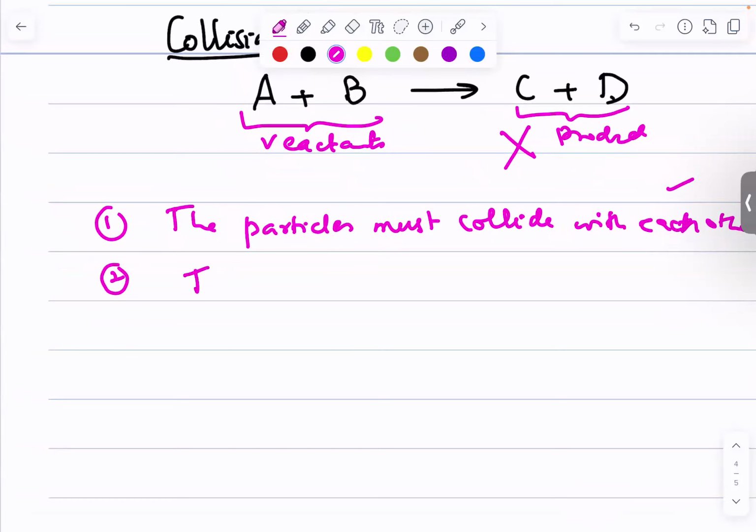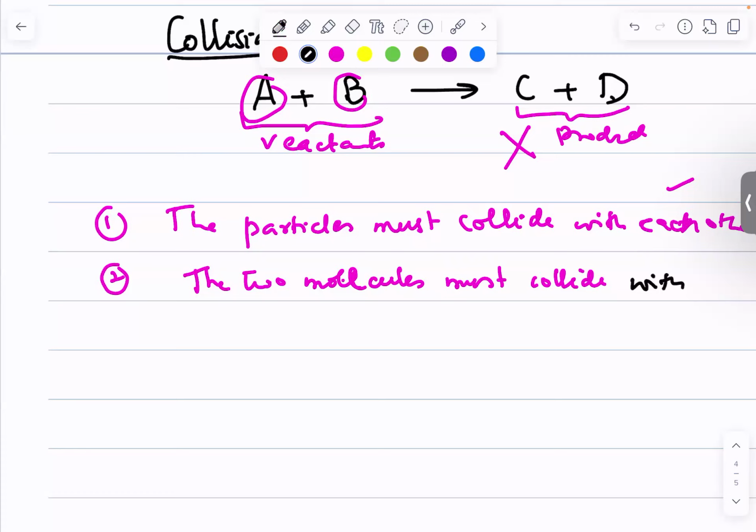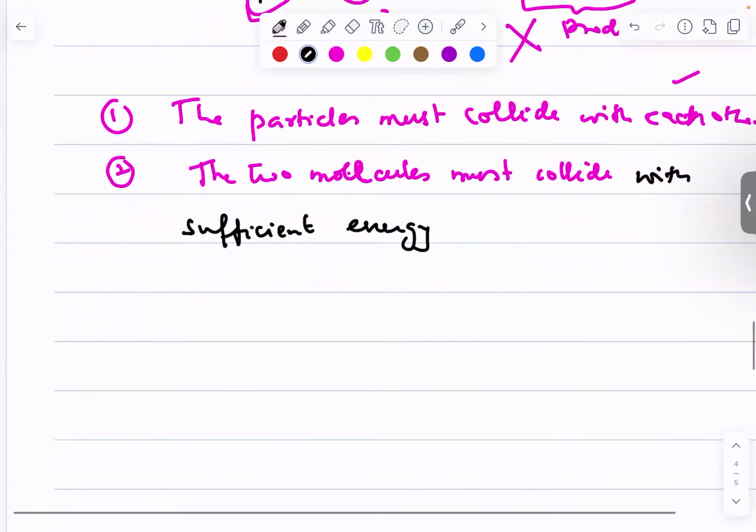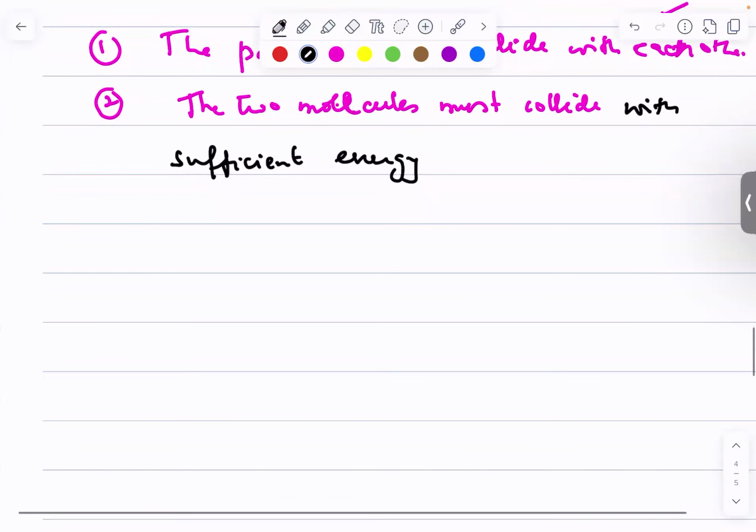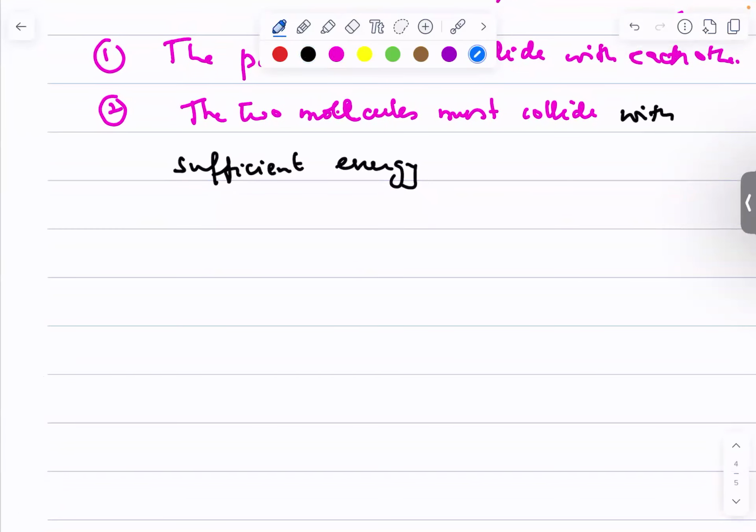The two molecules, A and B, must collide with sufficient energy.